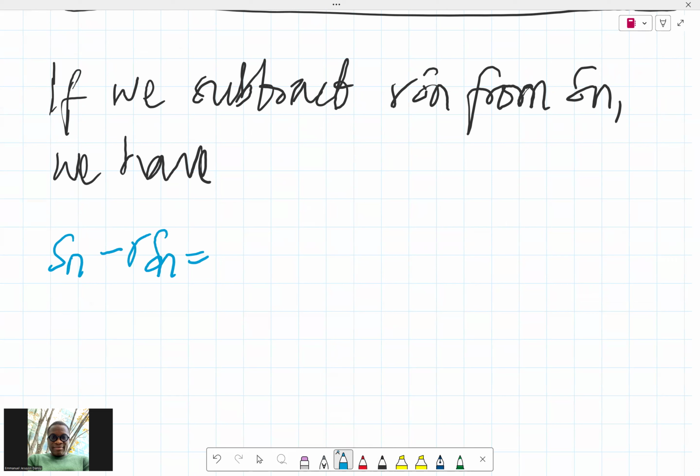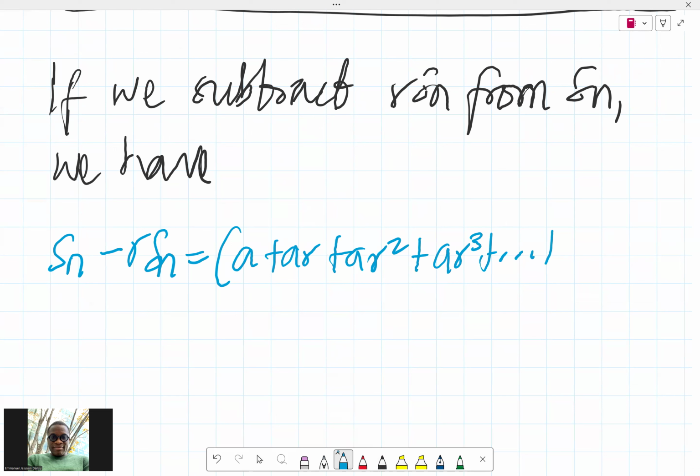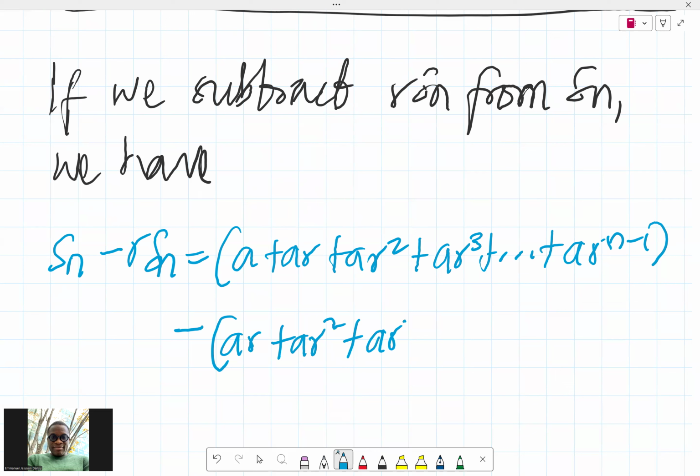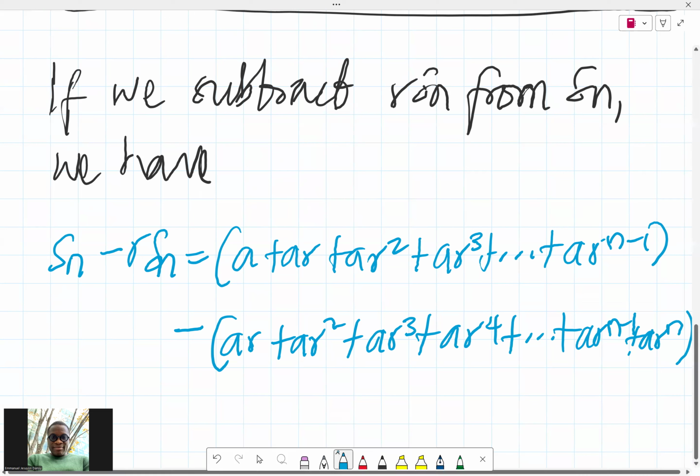So remember, Sn again is A plus AR plus AR squared plus AR raised to power 3 plus all this plus AR raised to power n minus 1. So all this now minus RSn, which is AR plus AR squared plus AR cubed plus AR raised to power 4 plus all that plus AR raised to power n minus 1 plus AR raised to power n. So we are subtracting this.